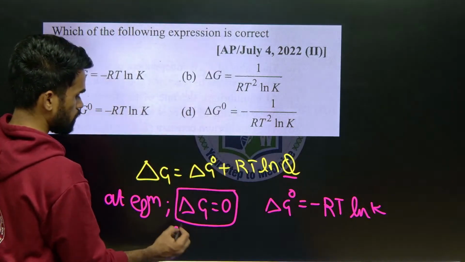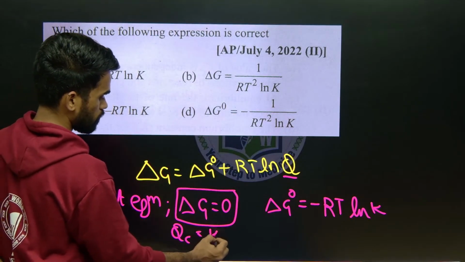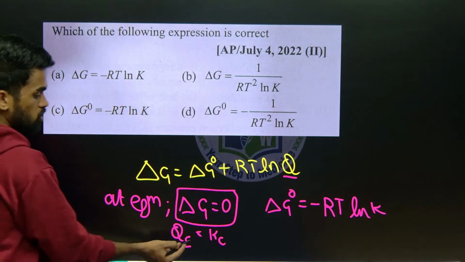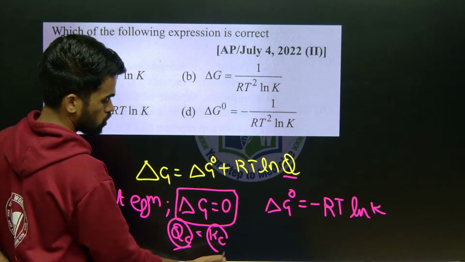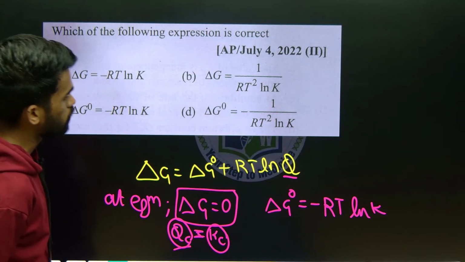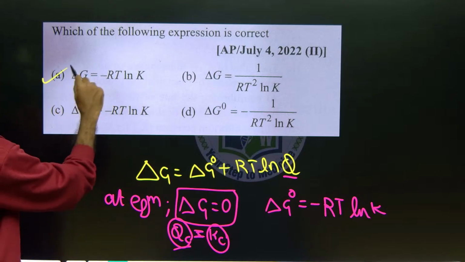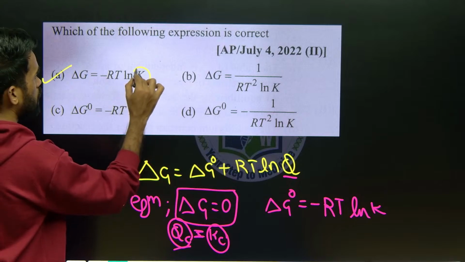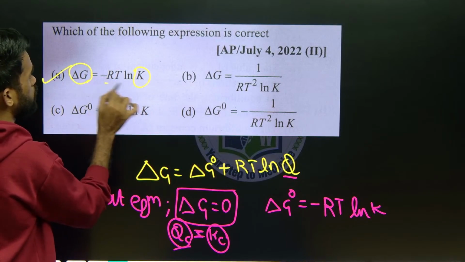So at equilibrium, Qc is called as Kc. Other than equilibrium states, you can say reaction quotient. At the equilibrium state, you should call it the equilibrium constant K. So where do we have that kind of option? The first one. Now they will ask what is the value of K by giving delta G and temperature, everything.